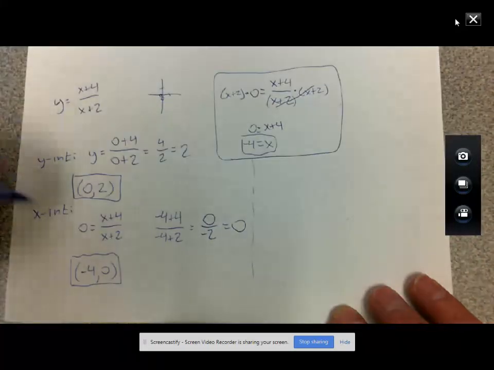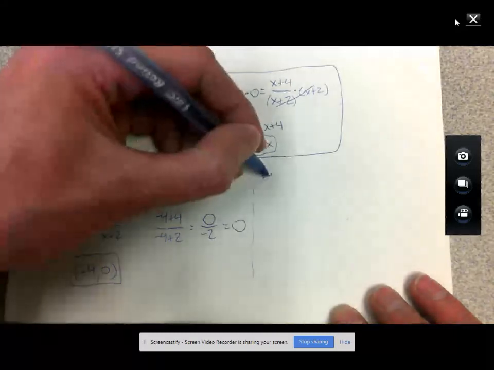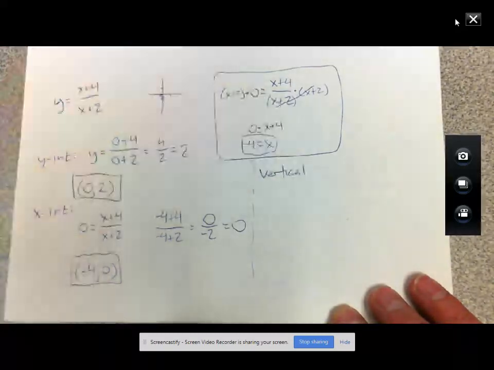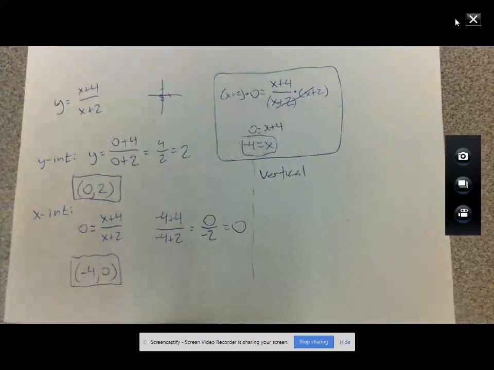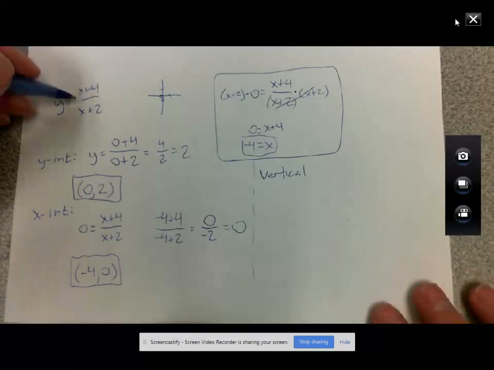Okay, we found the y-intercept, found the x-intercept. Now let's find the asymptotes. The vertical asymptote is essentially the exception. It's the one or more values in the domain that lead to a problem. Really what we're looking at is what can you not divide by? You can't divide by 0. So what would make the denominator 0?